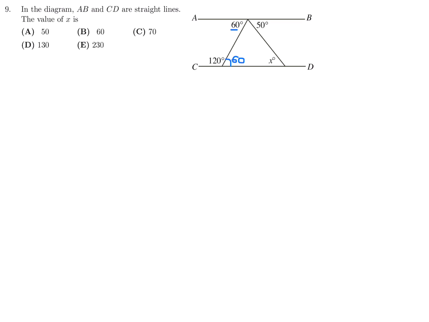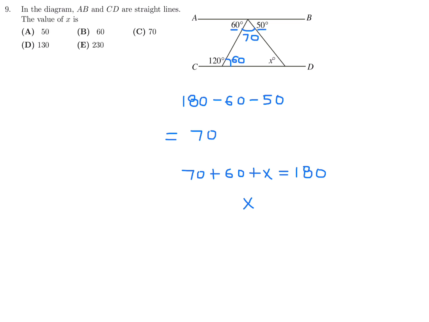So if this is 60 and that's 50, this angle in here will be 180 minus 60 minus 50, and that is equal to 70. So that goes in here. And then finally, the sum of the angles of a triangle is equal to 180. So 70 plus 60 plus x is 180, and therefore x is equal to 50. So number 9, the answer is A.